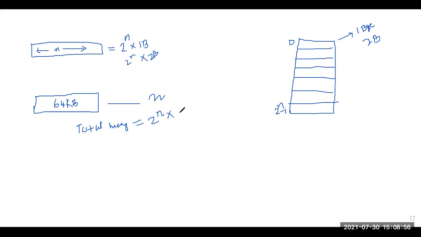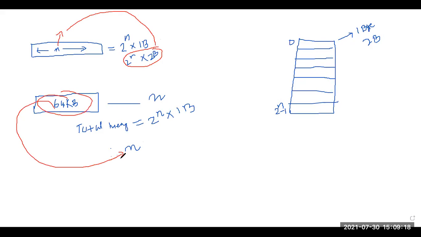Suppose it is byte addressable, so it is 1 byte, from which we can calculate the value of n. That means we learned two things. If the number of bits is given, I can find the total memory. Or if total memory is given, we can find the number of bits required.